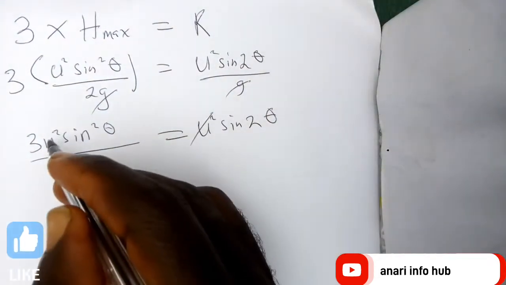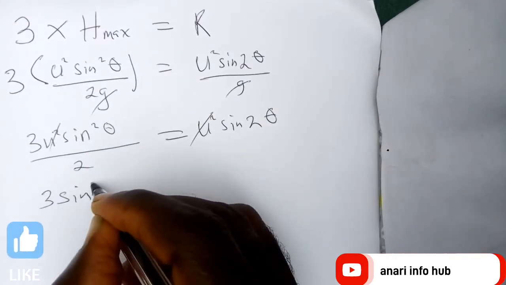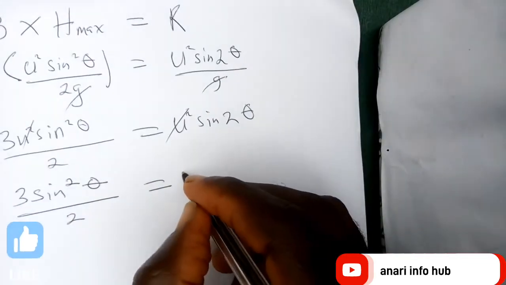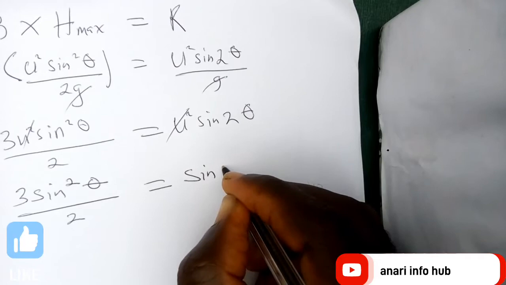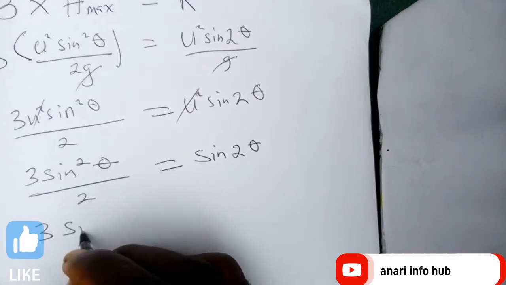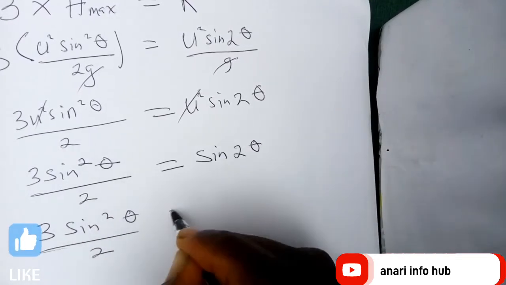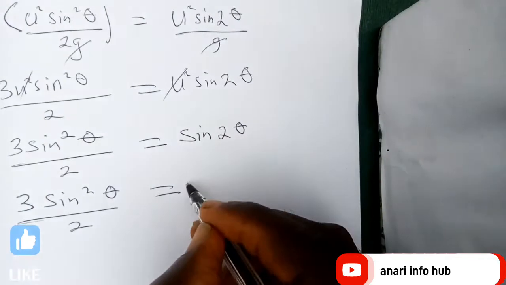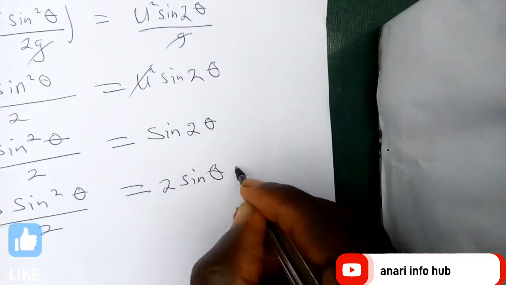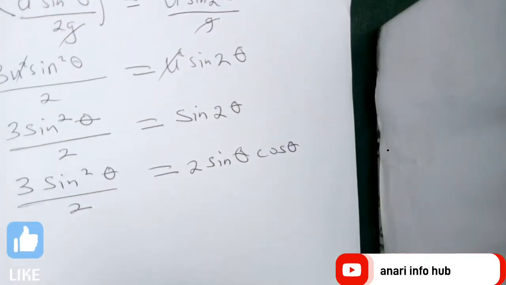Now this can cancel this, so we have 3 sine squared theta all over 2 equals sine 2 theta. This is simply saying 3 sine squared theta all over 2 equals 2 sine theta cos theta. I hope you understand this.